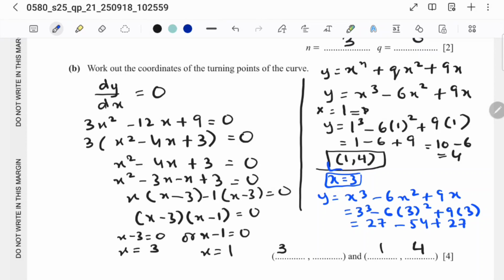Sorry, yes, 27 and 27 makes 54. 54 minus 54 is equal to 0. So you have 3 comma 0 and 1 comma 4. These are the two turning points of this cubic equation.